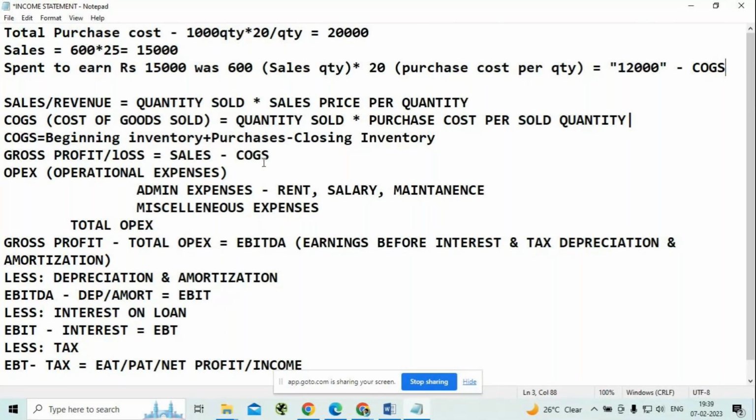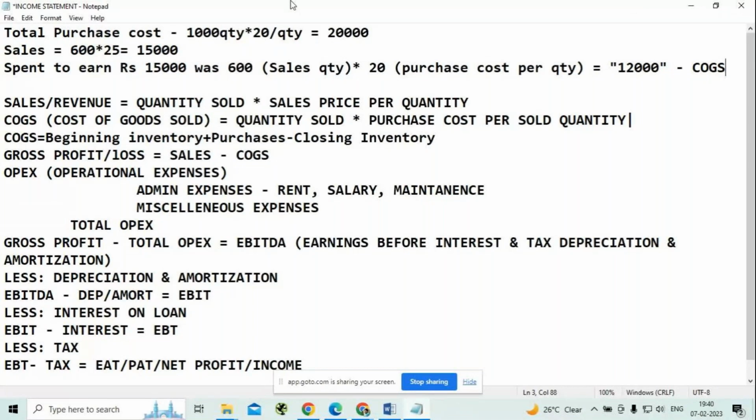So with this example, how much did we earn? Sir, we earned a profit of only 3,000. So we have earned a profit of 3,000 only by selling 600 quantity.